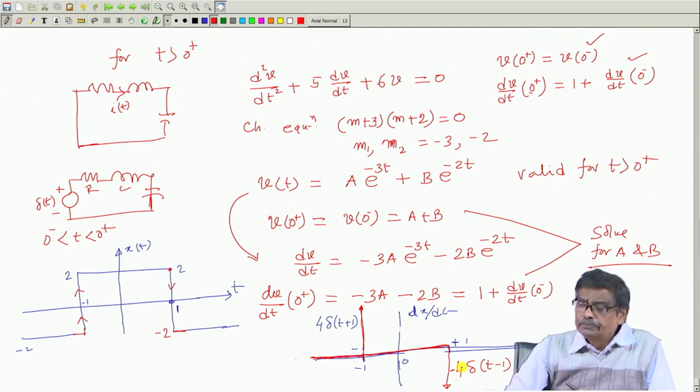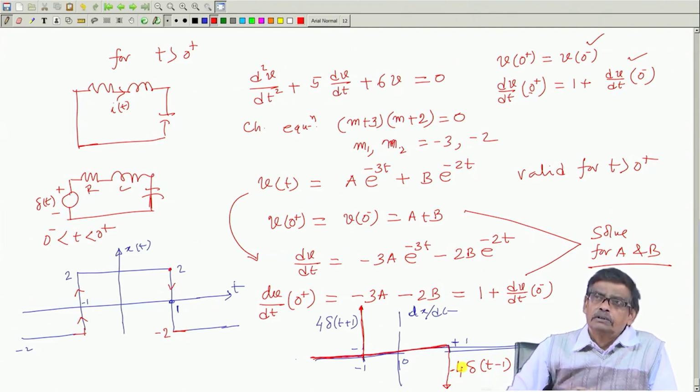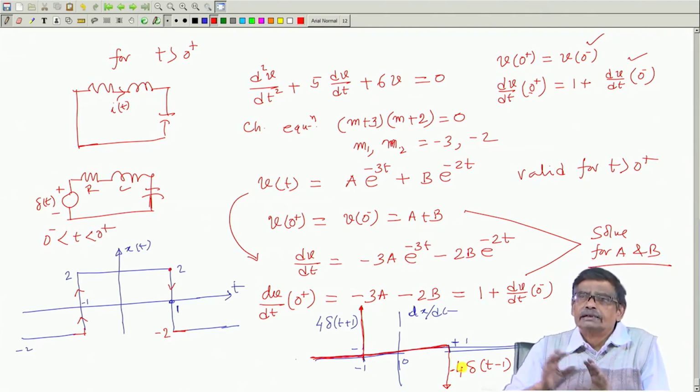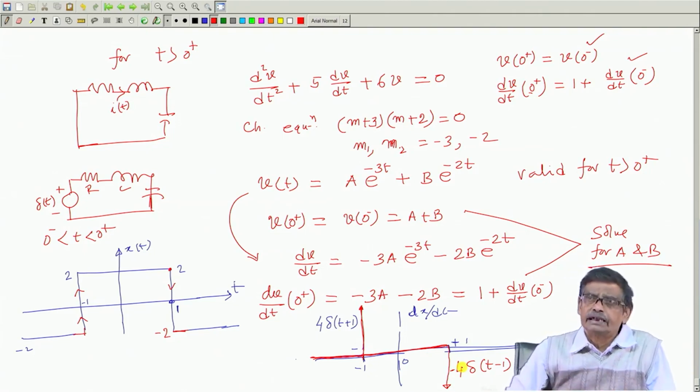Therefore, we are now well equipped to solve differential equations, whether it is a reasonable function x(t) as excitation or any impulse present on the right hand side; I will be able to solve for the current classically.